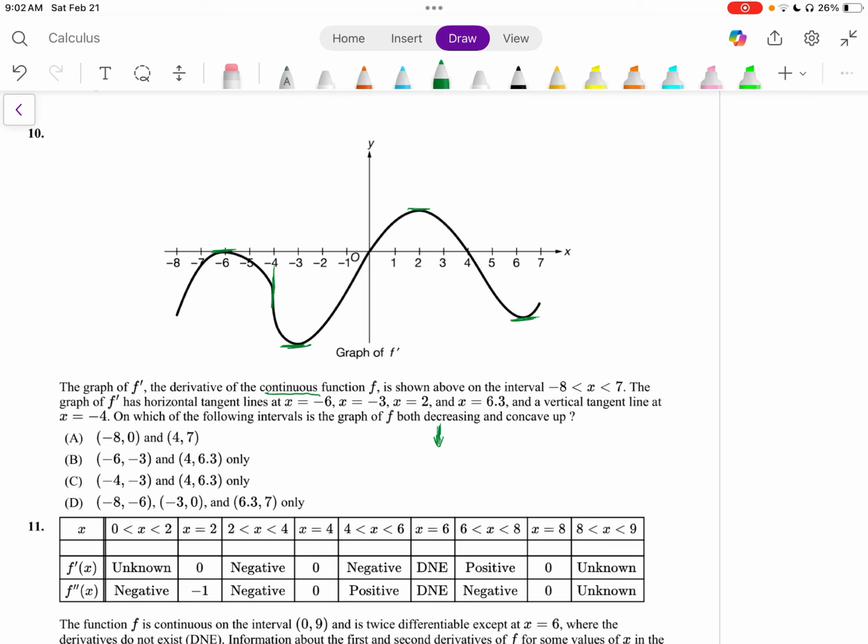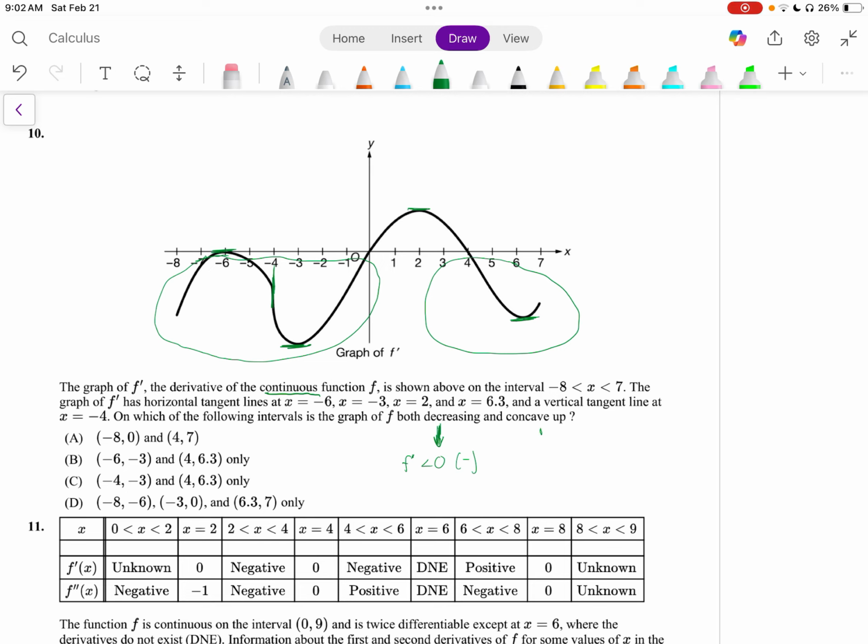We know that the derivative is negative, which is less than 0. So we want to know when the derivative is less than 0. It's less than 0 here, except that at -6 it is 0, so we might have to take that into account, and it's less than 0 over here. So it's decreasing when it's below the x-axis.